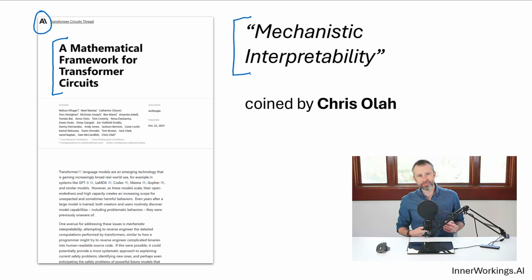If my job is to try and make these concepts accessible, then maybe reading interpretability research could be helpful for that. Been missing out. So this term was coined by Chris Olah, who was at OpenAI and then is one of the co-founders of Anthropic.